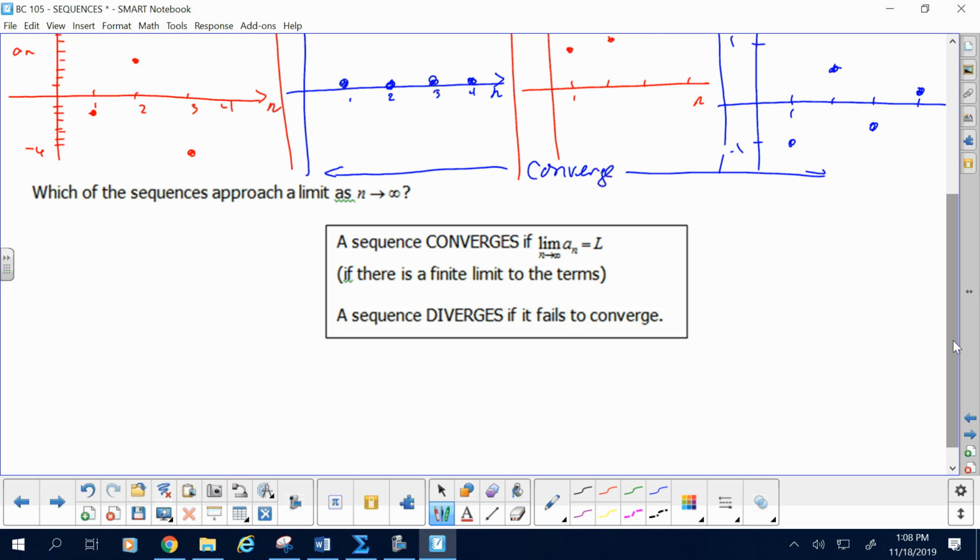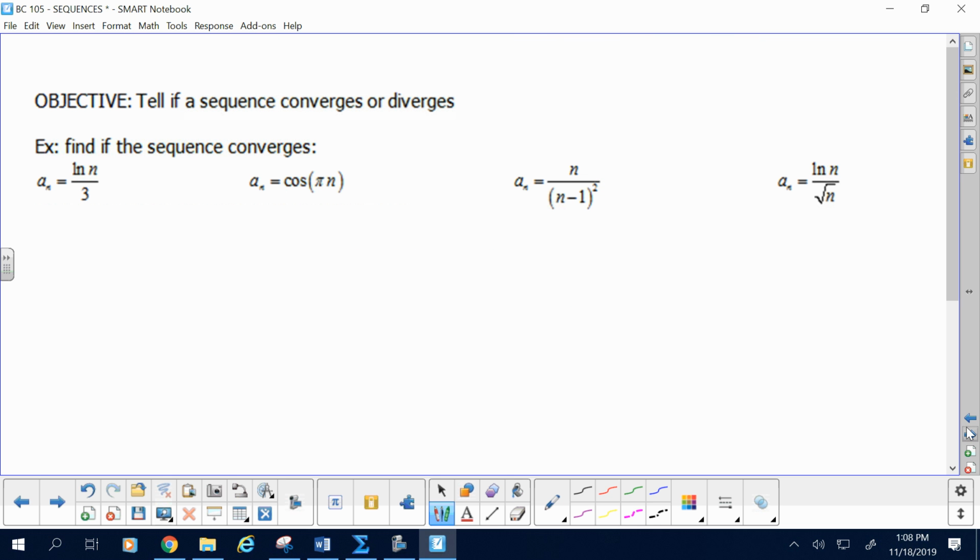Notice it doesn't mean it diverges only if it goes infinite. That's not necessary. It could bounce back and forth. It could do a lot of things. It doesn't have to be infinite to diverge. Let's go with what a problem will look like for this topic.